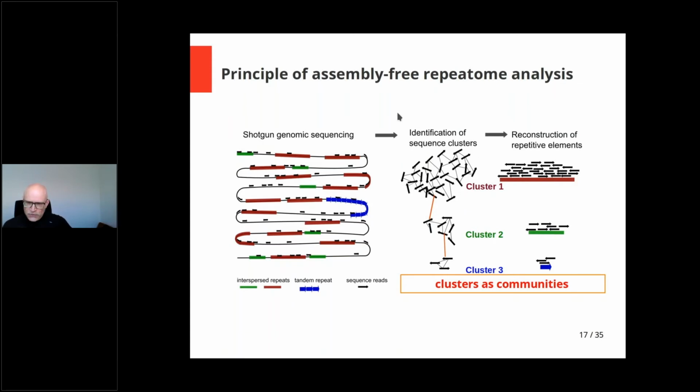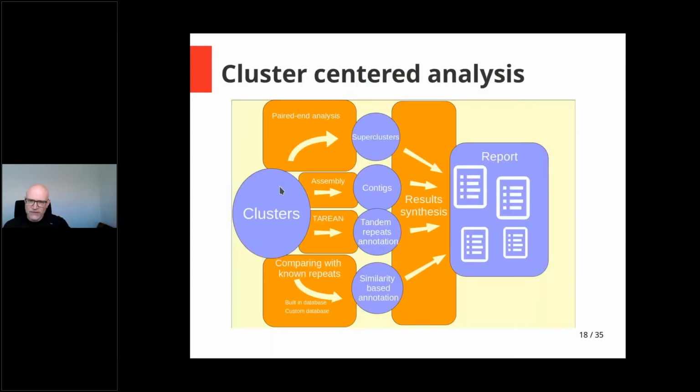So reads, if you do an all-to-all sequence comparison, then you can identify clusters, and these clusters correspond to families of repetitive sequences. And then from these clusters, we can create some consensus or partial consensus of these repetitive sequences. So we are analyzing here repeats as clusters.